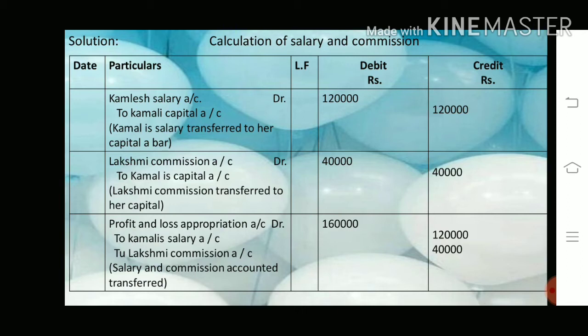Partners capital account, not current account. So profit and loss appropriation account debtor to Kamali's salary account 1,20,000, to Lakshmi commission account 40,000. 1,20,000 plus 40,000, totally we get 1,60,000 in the debit column will be entered. So narration, salary and commission accounts transferred.